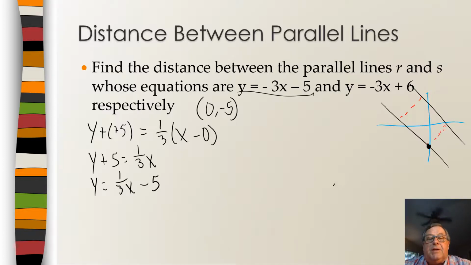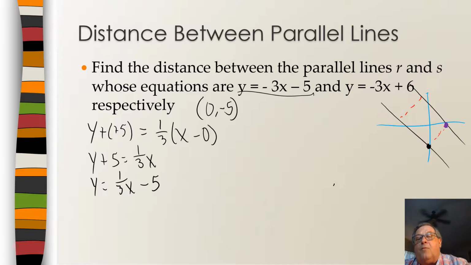Now, I want to put this through a system of equations because I need to find this point right here where this intersects. And once I do that, then I can take those two coordinates and solve it using the distance formula.